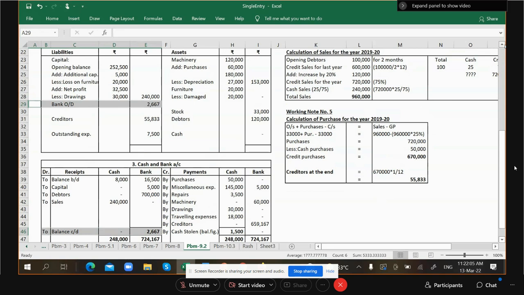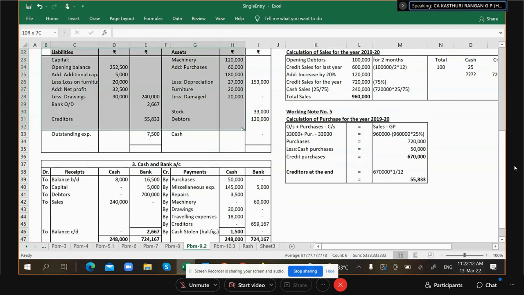Check whether the balance sheet tallies. See whether the total is the same on both sides. Yes, the balance sheet total is 3,06,000.